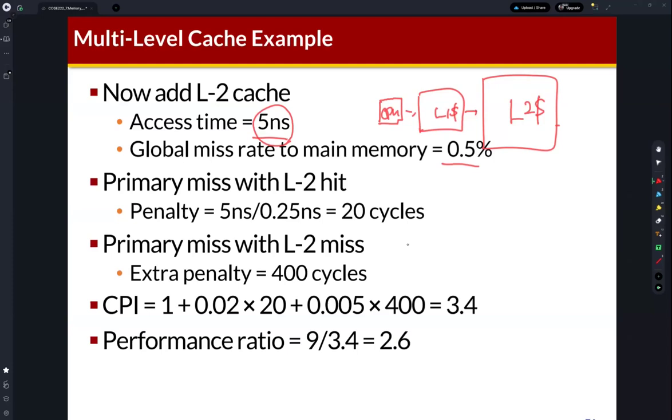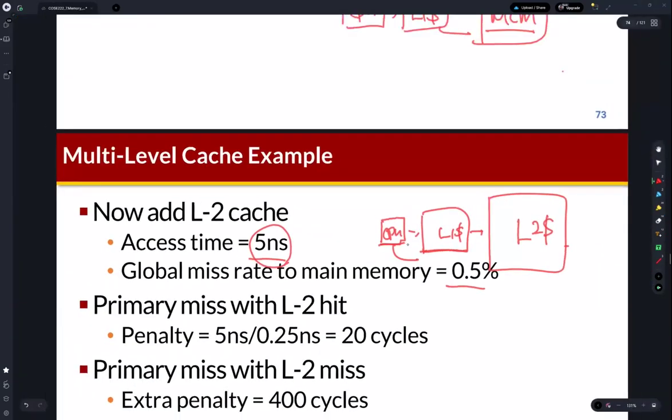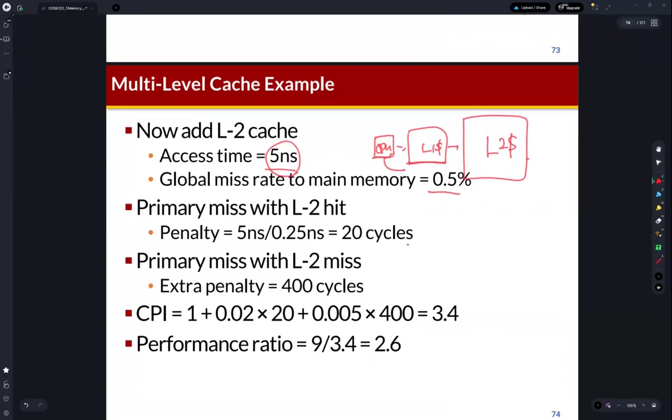In this case, the CPU first accesses L1, right? Then if a cache miss is encountered, the CPU will access L2, right? So when the miss is encountered in the L1, what is the miss penalty to L2?